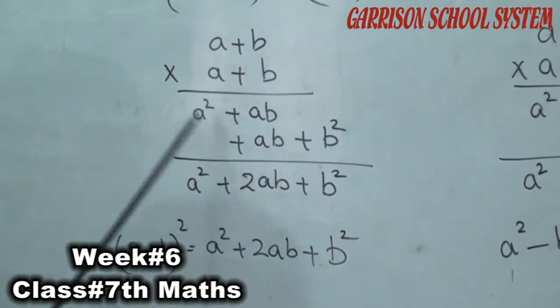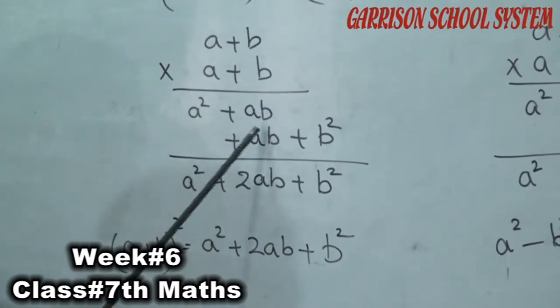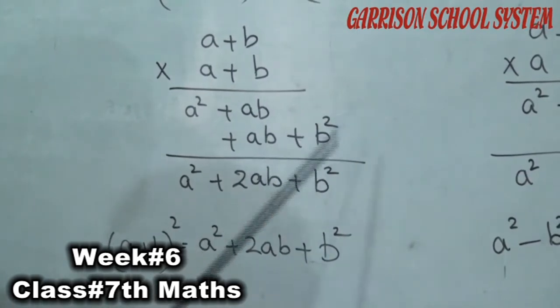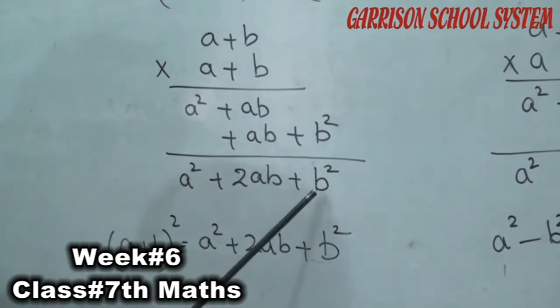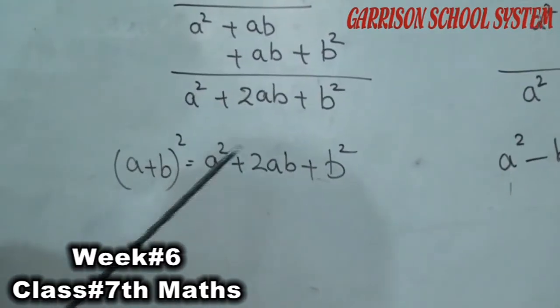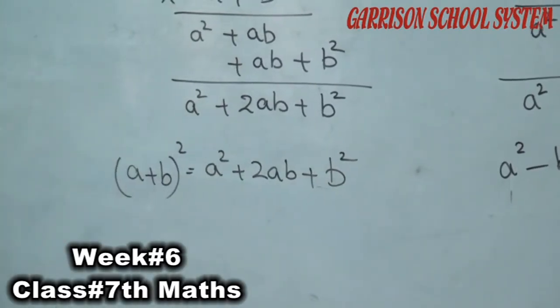Now I will add both the expressions. A square will become a square, ab plus ab will become 2ab, and b square will remain b square. So a plus b whole square is equal to a square plus 2ab plus b square.